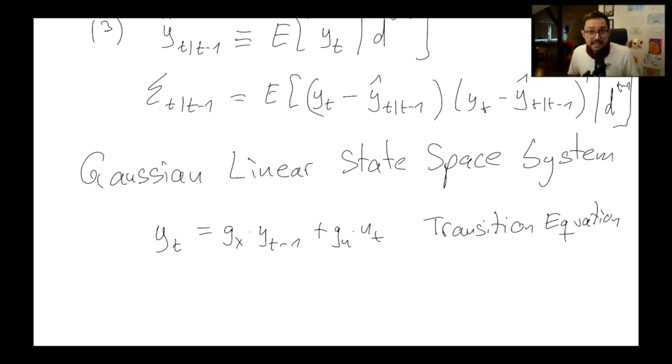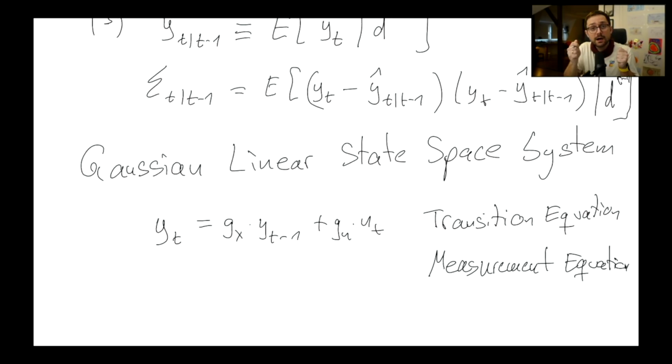And then the second important equation for a Gaussian linear state space system is the so-called measurement equation. This is how your state variables are linked to your control variables. And for us, control variables are observables. So dt is equal to steady state plus this H matrix times yt plus et.